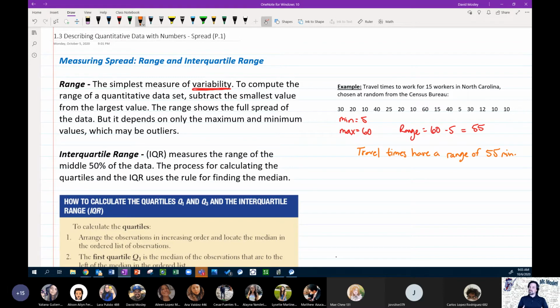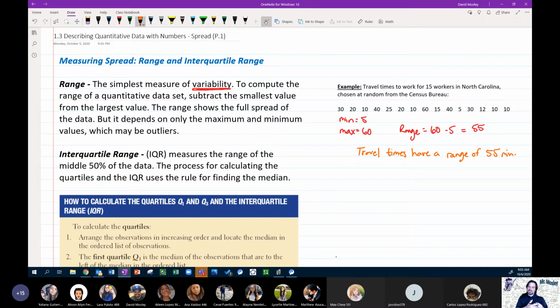The range itself is a specific value. As a mathematical term, range is a value, it's a number. But I can also say the data is between, and we can refer to that as the range of data. The range of the data falls between 5 and 60. I know that's a little confusing.